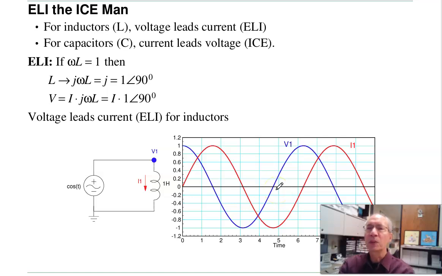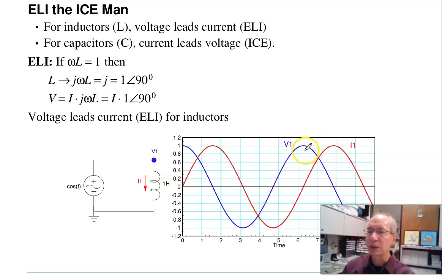Now, to remember which is which, inductors and capacitors are different. There's a saying, ELI the ICE man, that says for inductors, voltage leads current. For capacitors, current leads voltage. So for example, if I have a circuit like this, I plot the voltage V1 and the current I1. Voltage comes before current, voltage leads current, that's ELI.